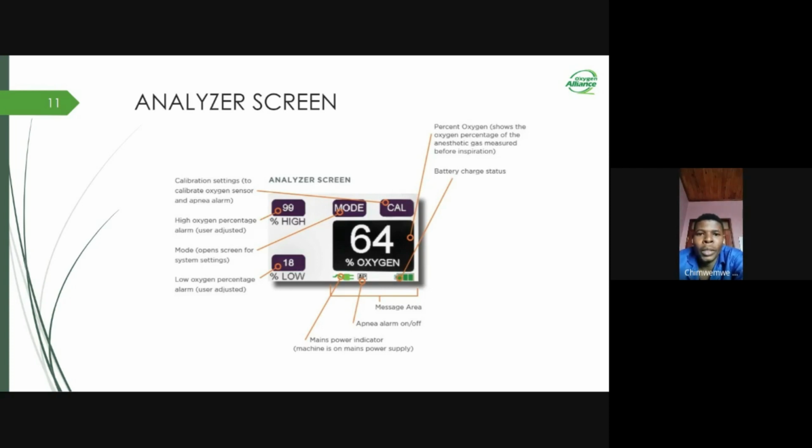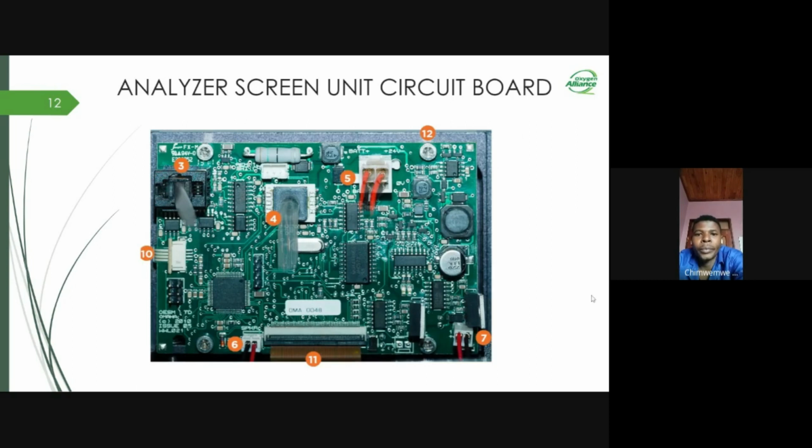So moving on, I'll talk about the analyzer's circuit board. There are several components connected to the analyzer's circuit board. It has the oxygen sensor, which is connected to part 3 via a cable.